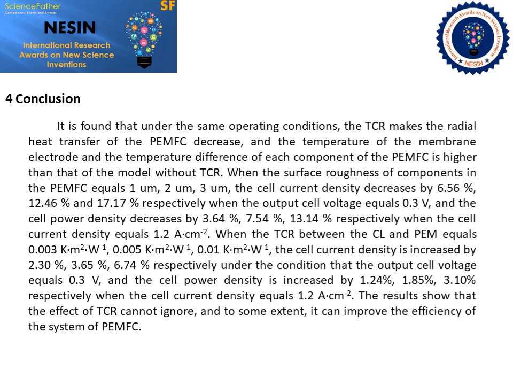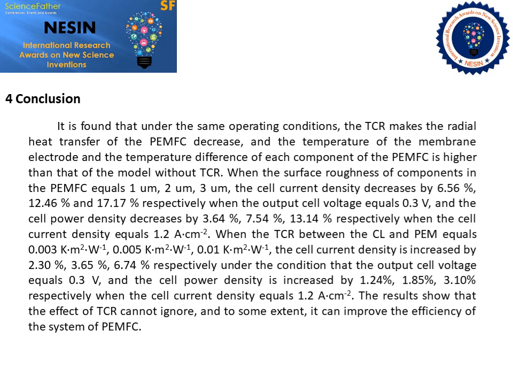0.3 volts, and the cell power density decreased by 3.74%, 7.54% and 13.14% respectively when the cell current density equals 1.2 amperes per square centimeter.